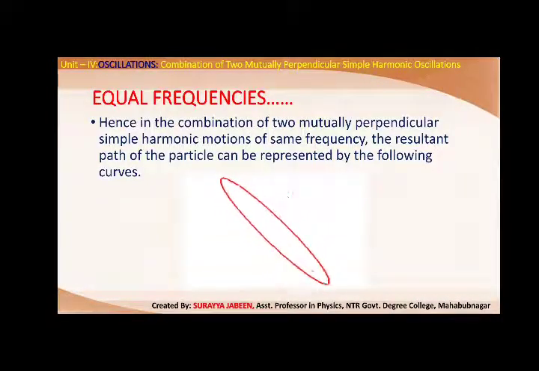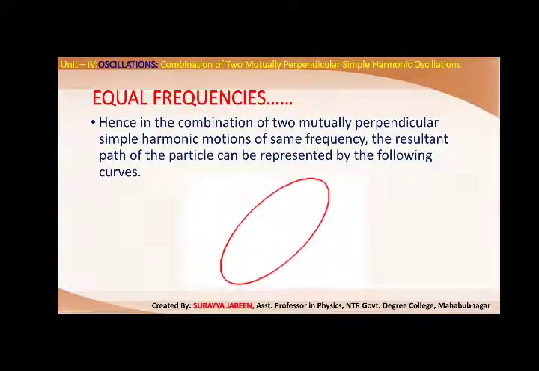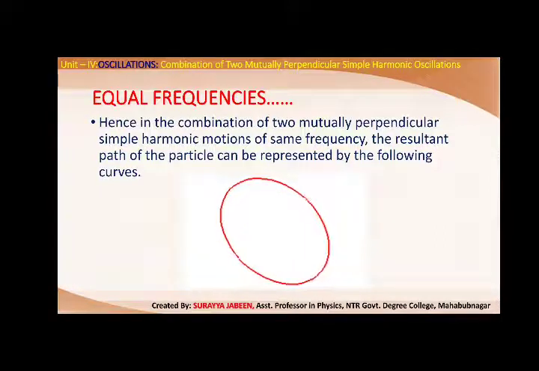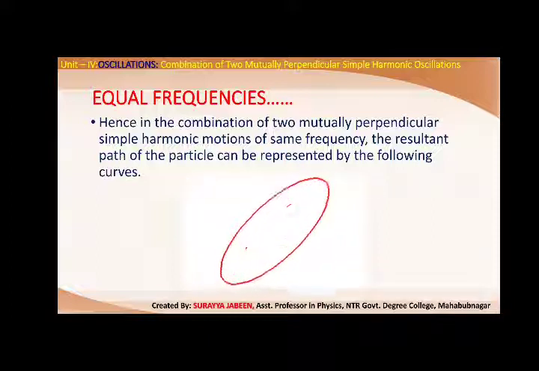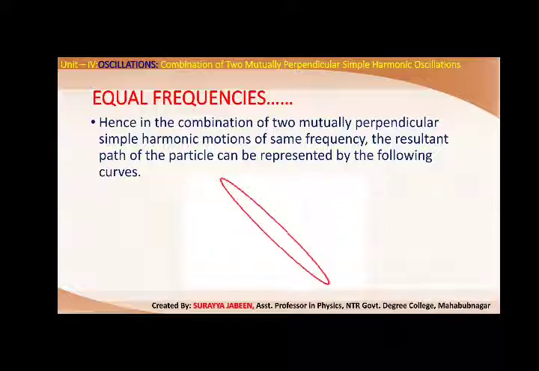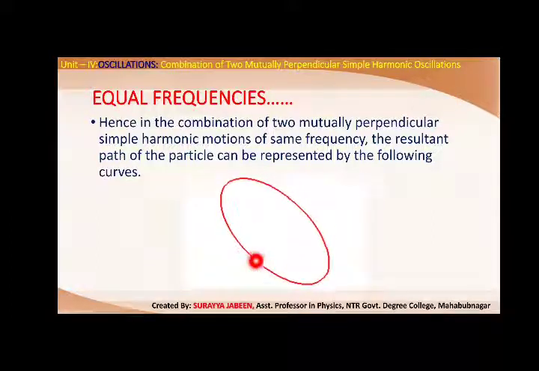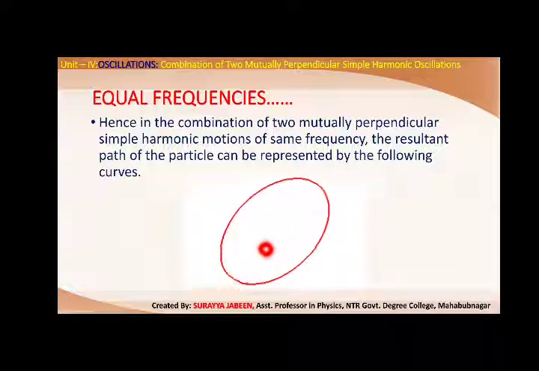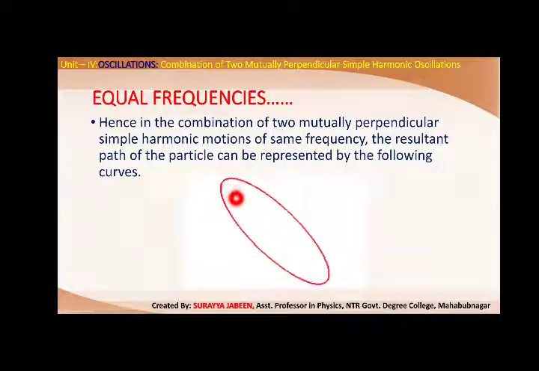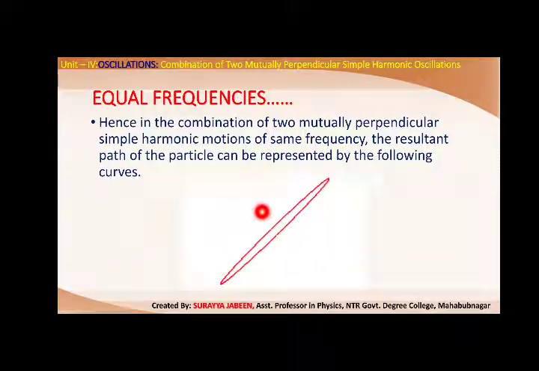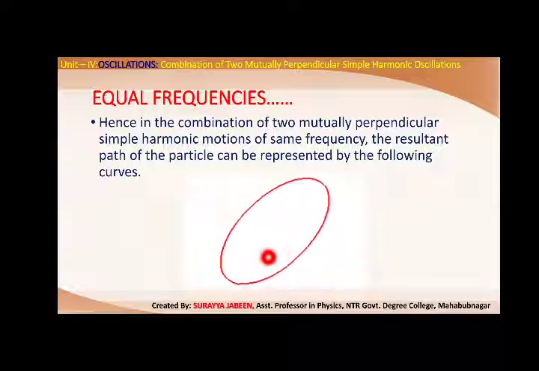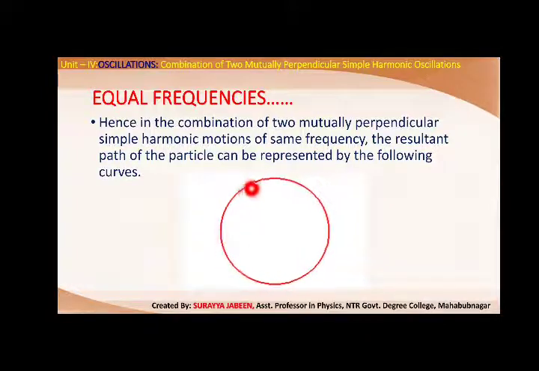These total 8 cases can be represented by a simple GIF, graphics interchange format. In this you can easily understand the meaning of the curves. As you can see, this is the combination of two straight lines. Then it is converting to an oblique ellipse, then to an ellipse, then a circle, and then again it is reversing its direction.